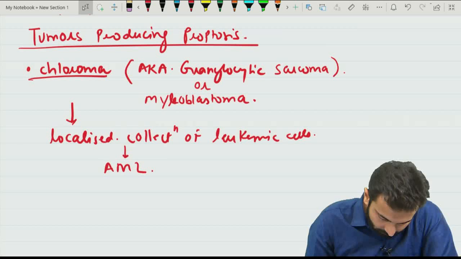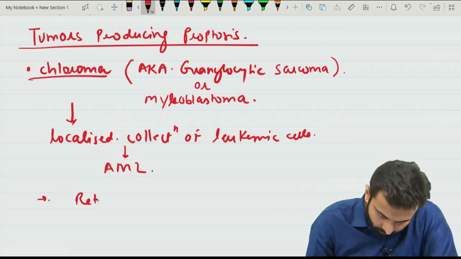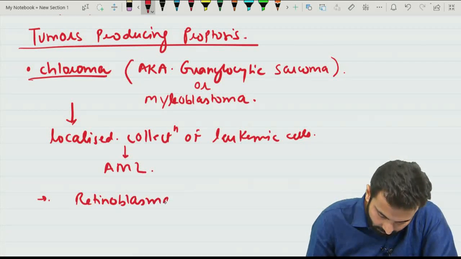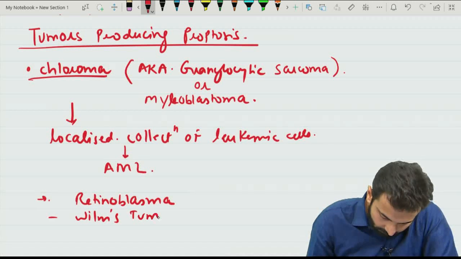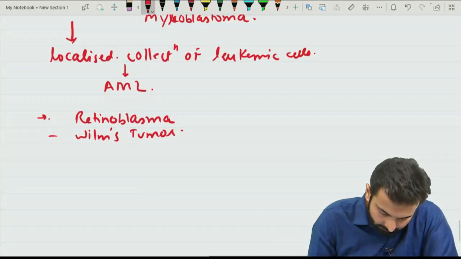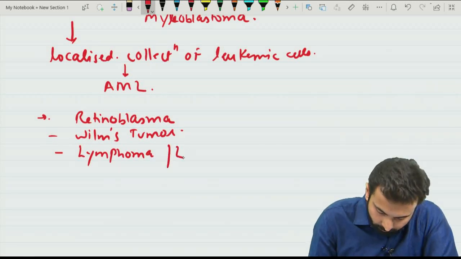Now, let's discuss the other causes. Proptosis is also seen in retinoblastoma patients, in Wilms tumor, and in patients having lymphoma or lymphosarcoma.